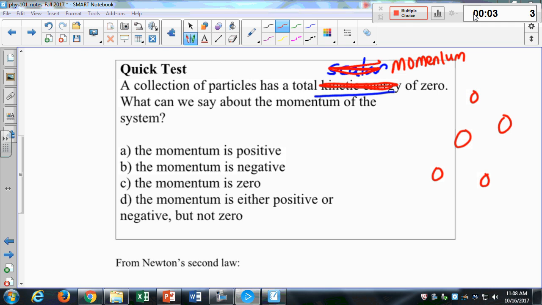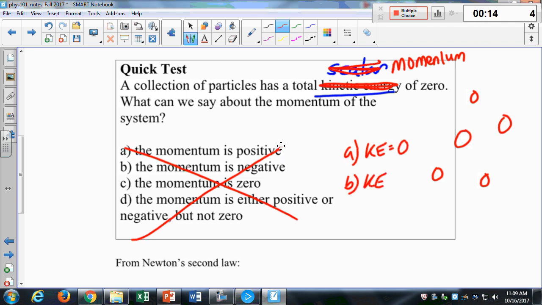Or rather, let's make it simpler than that, because you can't really have negative kinetic energy. Is the kinetic energy equal to 0? Or is the kinetic energy not equal to 0? Or can it be either? Zero or bigger than 0.